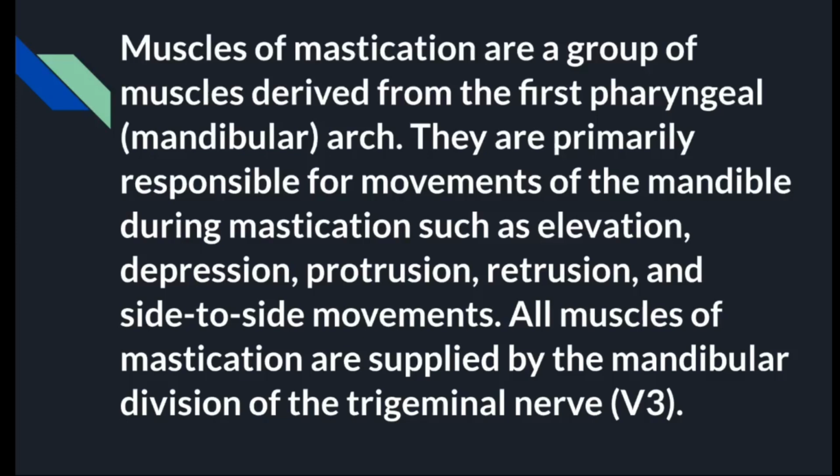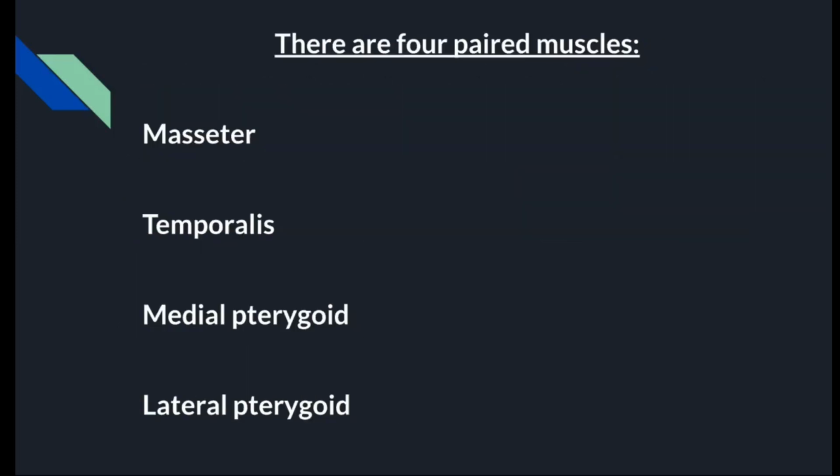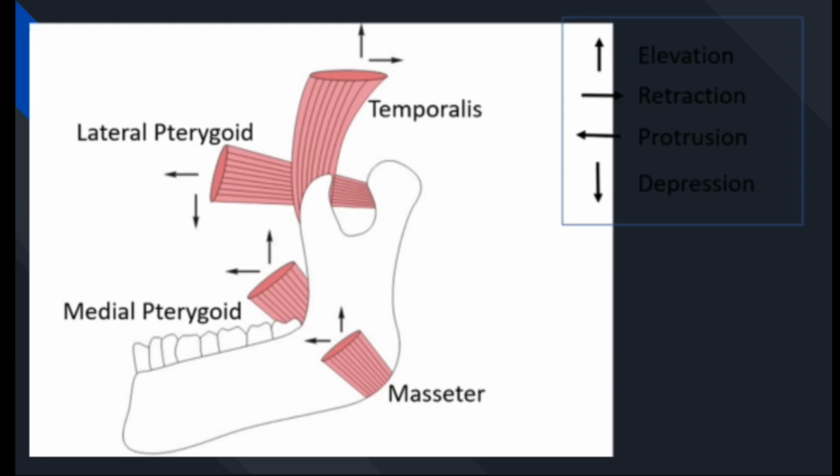All the muscles of mastication are supplied by the mandibular division of the trigeminal nerve, that is V3. There are four pairs of muscles which help in the movement of the mouth: masseter, temporalis, medial pterygoid, and lateral pterygoid.